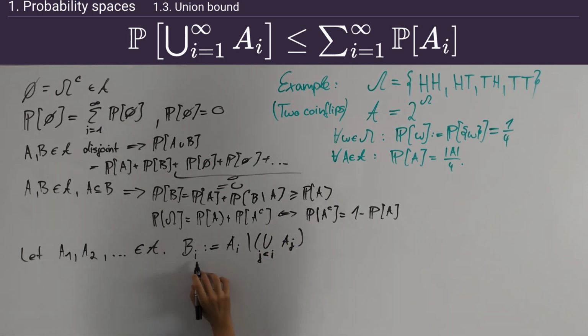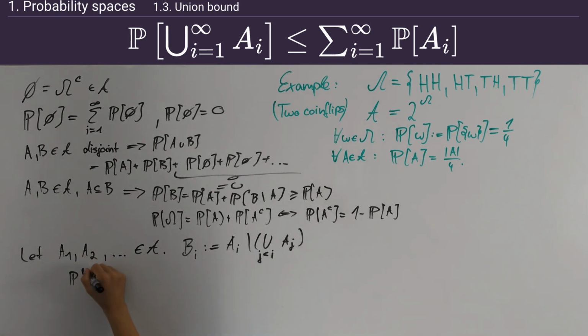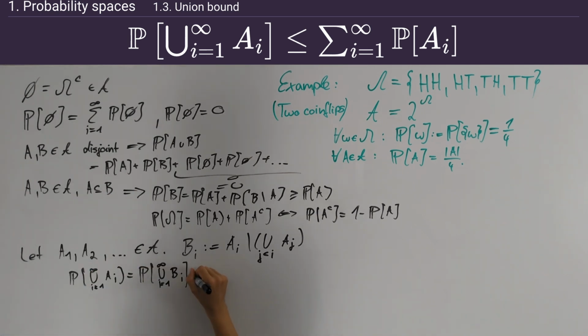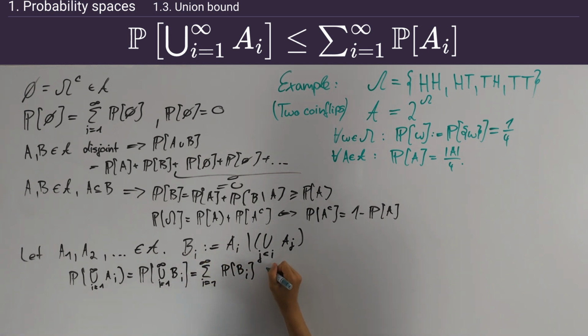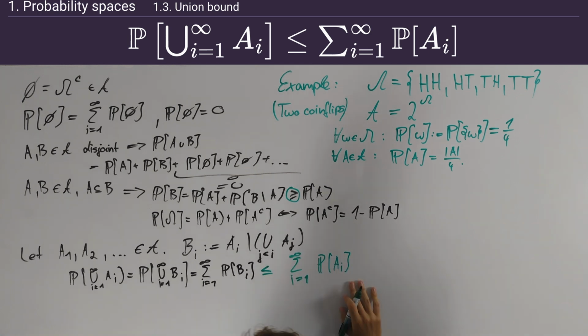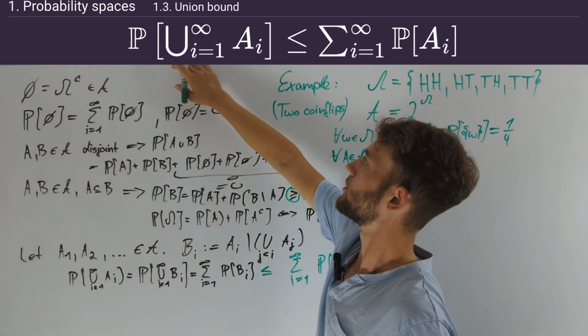Since the union of B_i is equal to the union of A_i, we get the probability of union A_i equals that of union B_i. And now this is just the sum of probabilities of the B_i since they are pairwise disjoint. Note that B_i is a subset of A_i, and therefore by this inequality, each of those summands is less than or equal to P of A_i, which is just the result we wanted to prove.